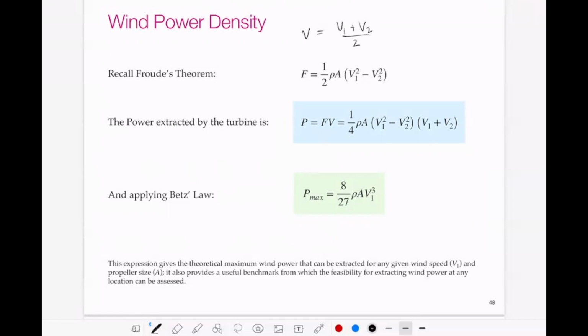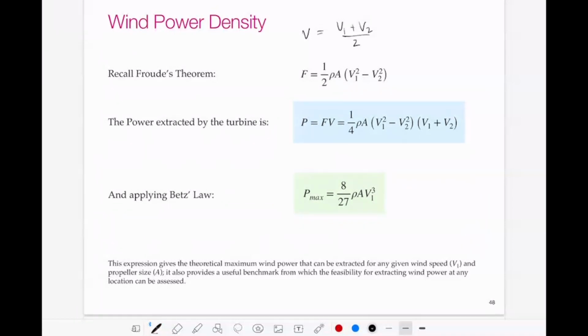And we have the power extracted by the turbine. The power would be the force times the velocity at the turbine, and we substitute in Froude's theorem. Then we get this equation here: 1/4 rho, the density of the fluid, times the area swept by the blade, times V1 squared minus V2 squared, times V1 plus V2.